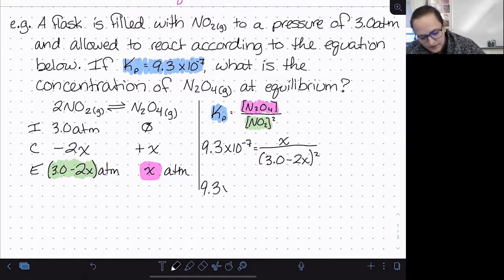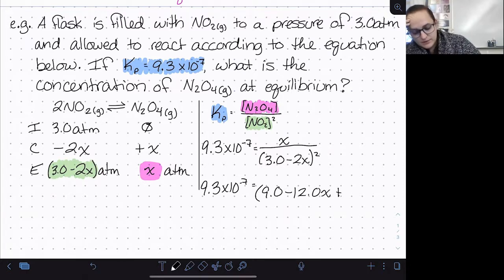So I'm going to have 9.3 times 10 to the minus 7th, and when I square that 3 minus 2x, I'm going to get 9 minus 12x plus 4x squared as my denominator. And I've still just got x on the top.